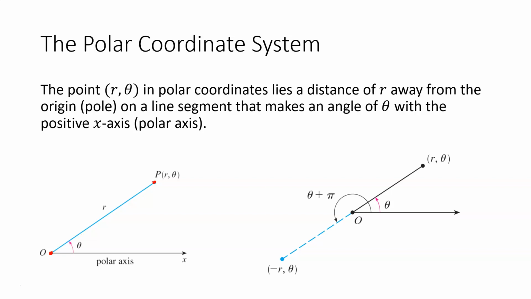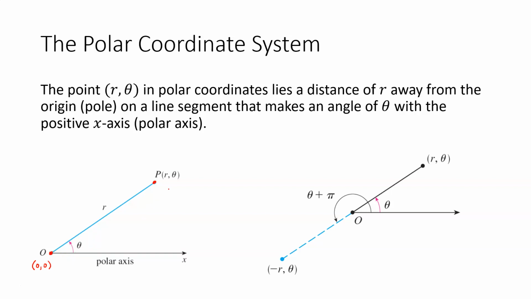So you imagine drawing a line segment from the point P to the point O. O here represents the pole, but in our case, you can think of this as the origin, the point 0, 0.